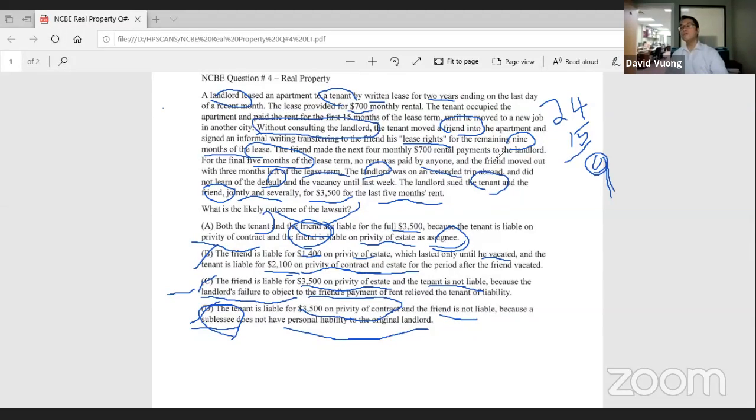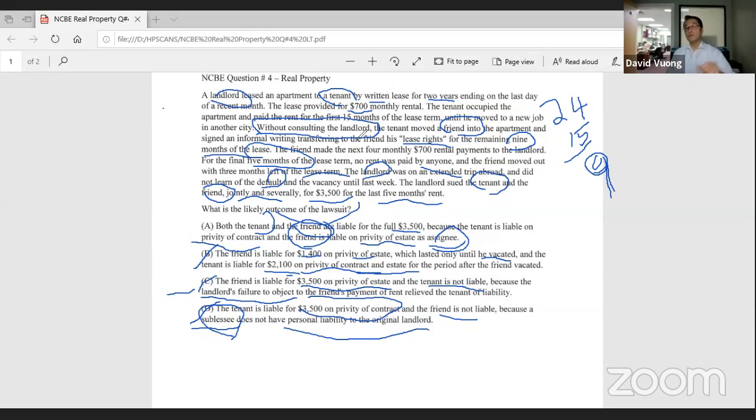That's why he still has privity of contract. Had he gotten permission, then he would have been off. See, this fact pattern puts in without consulting the landlord, so you know that he never got out of the contract. The original contract was never destroyed.